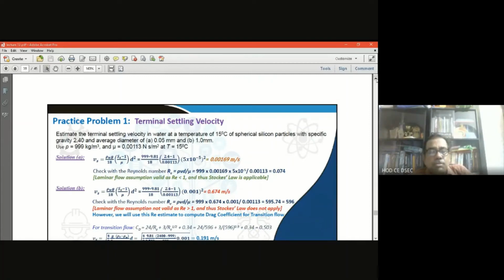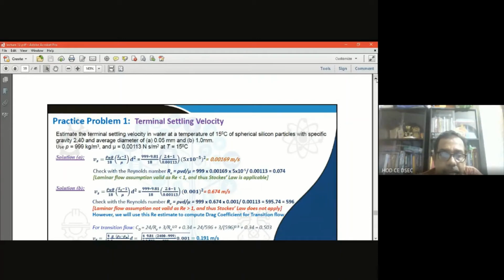So what is the formula of the Reynolds number? The Reynolds number formula is rho V d by mu. All these parameters are known: rho is known, V we have just calculated by Stokes law, 0.00169, D is given, mu is given, so it is found 0.074. Now the Reynolds number is found 0.074, which is less than 1.